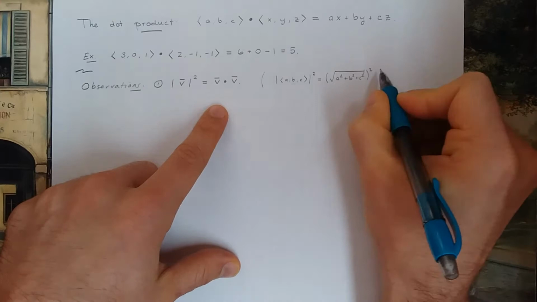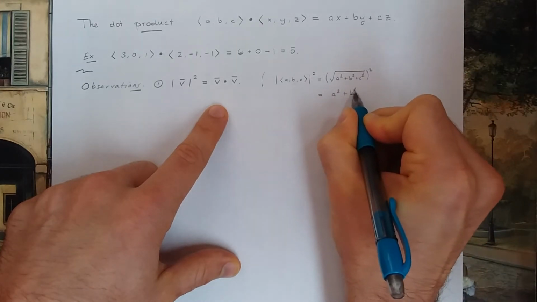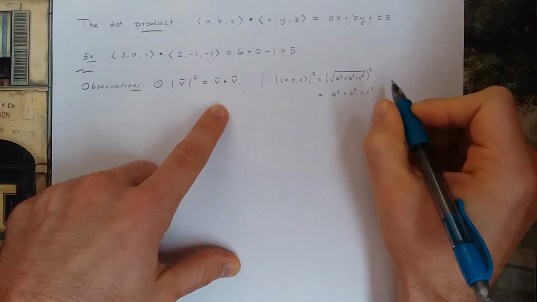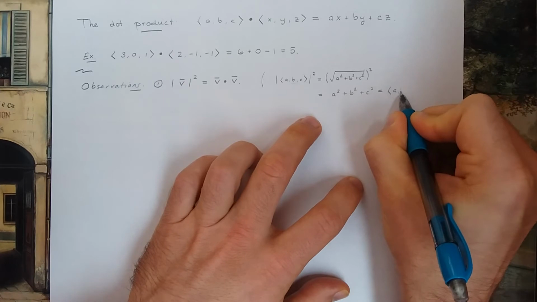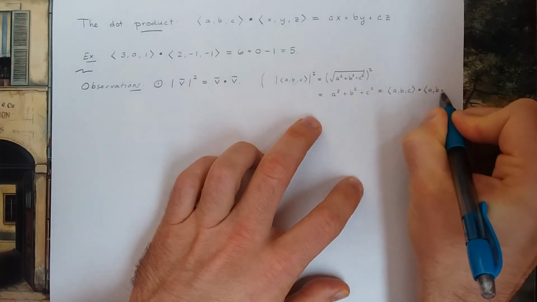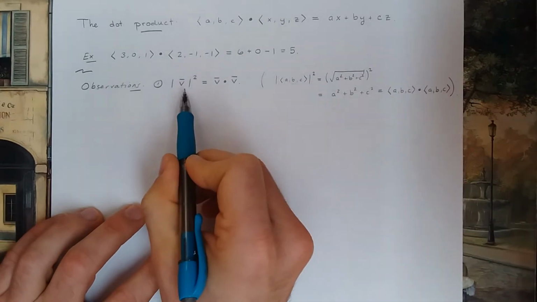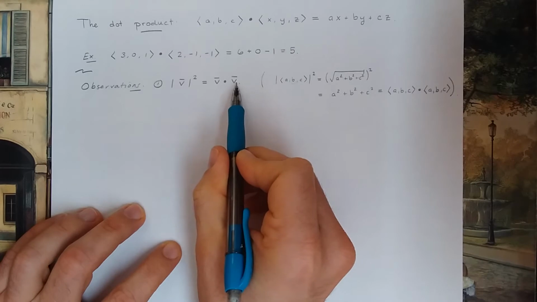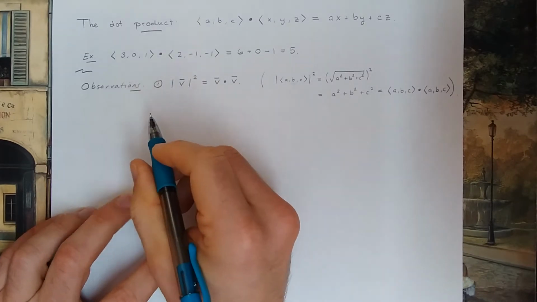That just gives me a squared plus b squared plus c squared, which if you do the dot product of the vector A, B, C with itself, this is exactly what you get. So that's observation number 1. The dot product of a vector with itself is the length of that vector squared.